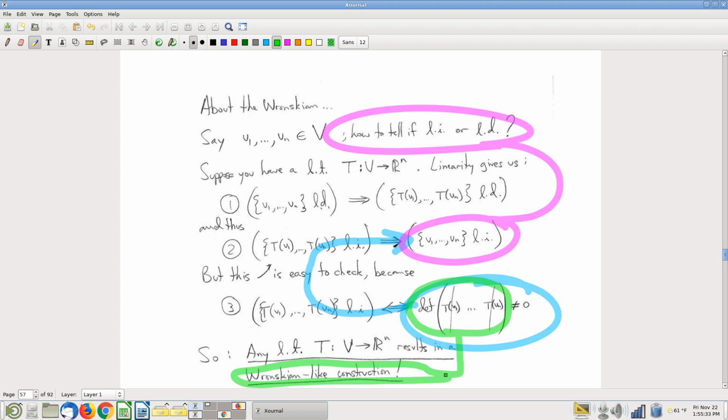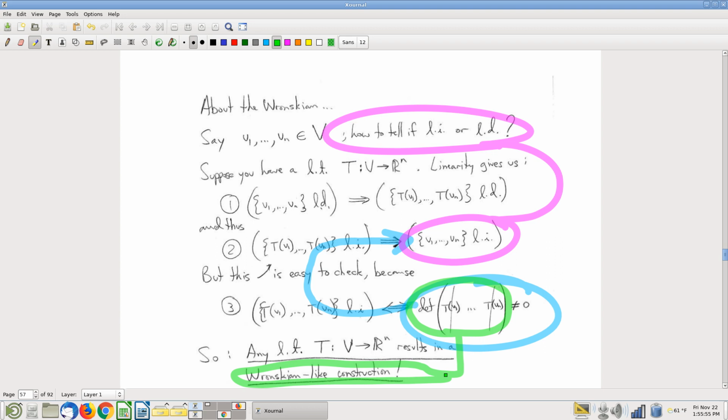That is the fundamental property of our original Wronskian. Non-zero means independent. Well, this construction does that too. And the beautiful thing about it is, this works for any linear transformation. There's lots of linear transformations out there.